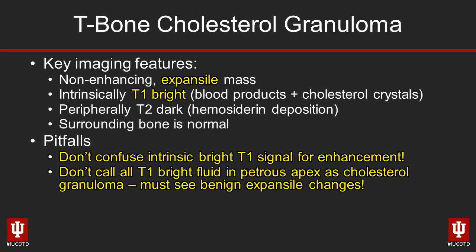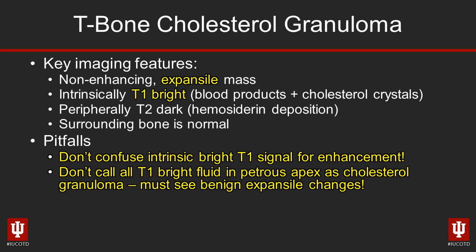The other pitfall has to do with overcalling T1 bright fluid that's in the petrous apex. That does not typically represent a cholesterol granuloma. You really need to see those benign expansile bone changes. On a daily basis, we encounter patients that have, to some degree, T1 bright fluid trapped within their petrous apex.